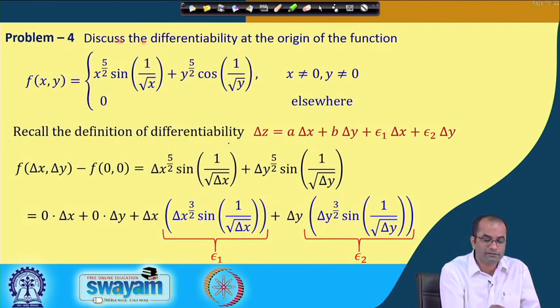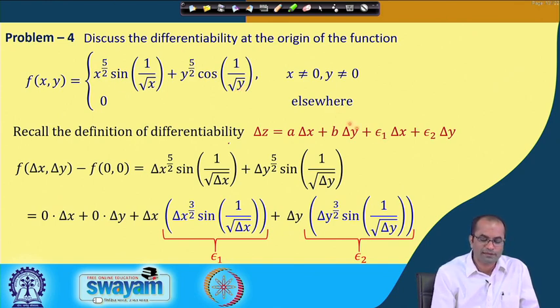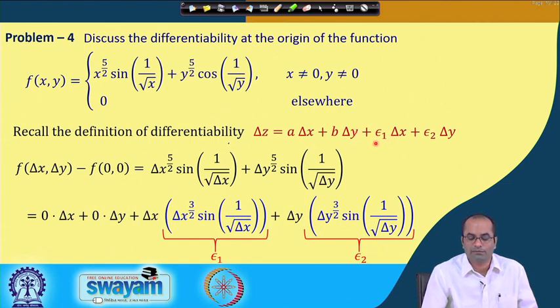So, in that case this function is differentiable, because we can easily express this function in this form: a times delta x, where a is the partial derivative of that function at 0 0 with respect to x, plus b times delta y, where b is the partial derivative with respect to y at the 0 0 point, plus epsilon 1 delta x plus epsilon 2 delta y. So, here it was very easy, directly because of this function, to express it in this form, as delta z equal to a delta x plus b delta y plus epsilon 1 delta x plus epsilon 2 delta y, and then we have proved that this function is differentiable.